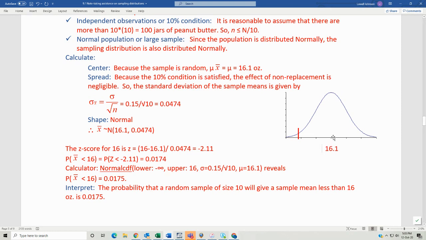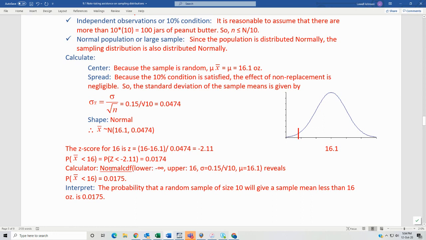That belongs right there in the center of the graph, and this bar is located at 16, or 2.1 standard deviations below the mean. So this is my borderline. It's located at 16, and I want to find the area of this left little tail here. So I turn on my calculator.